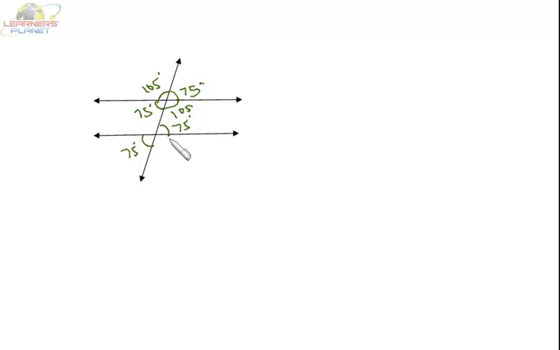So this angle and this angle are corresponding angles, so this will also be 105 degrees. Now this angle and this angle are vertically opposite angles, so this will also be 105 degrees. So it's quite simple. If you are given just one angle, you can find out the remaining 7 angles. We try one more problem.